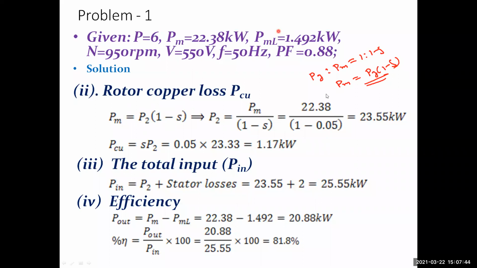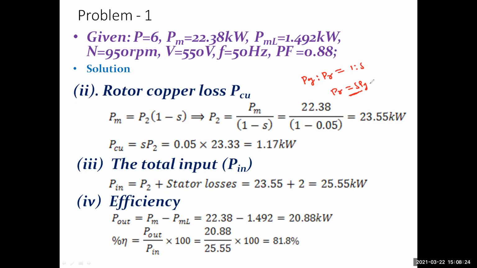Mechanical power developed is equal to rotor input into 1 minus S, so rotor input is nothing but Pm by 1 minus S. Mechanical power developed is given as 22.38 kilowatts, so divide by 1 minus S. Then rotor copper loss is equal to S times rotor input.